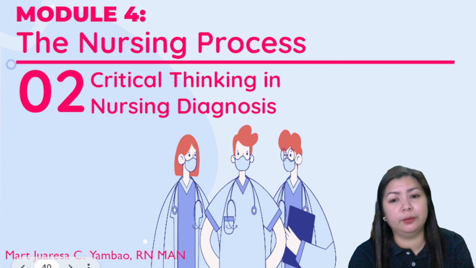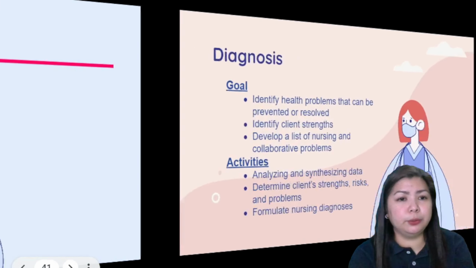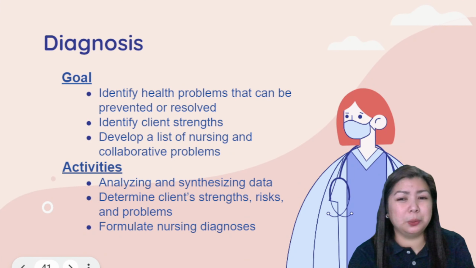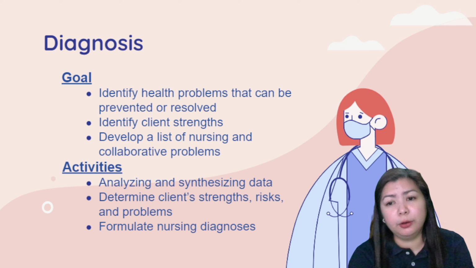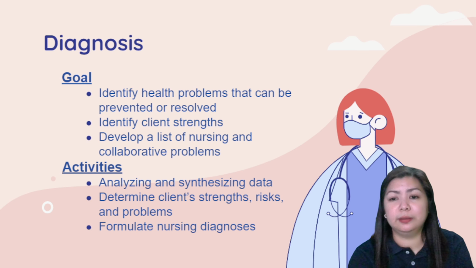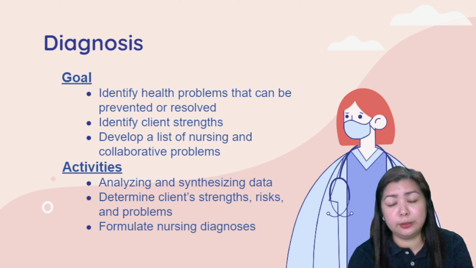Now, to review the different goals and activities involved in the next phase, which is your nursing diagnosis. Primarily the goal of this phase is to identify problems that can be prevented or resolved. Identify your client's strengths because this is your starting point. Know what things your client can and cannot do.